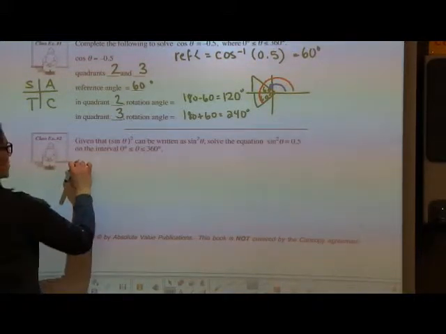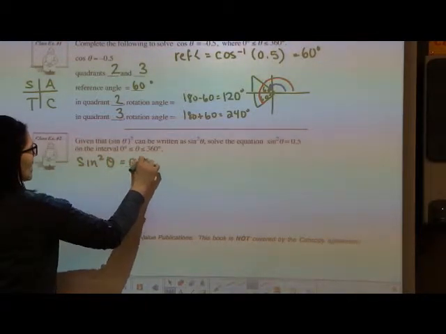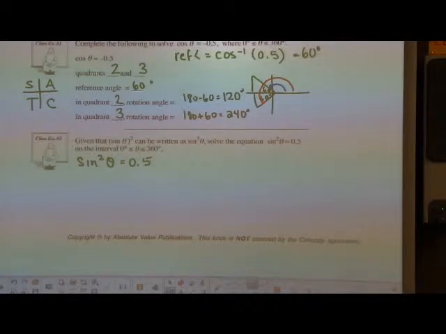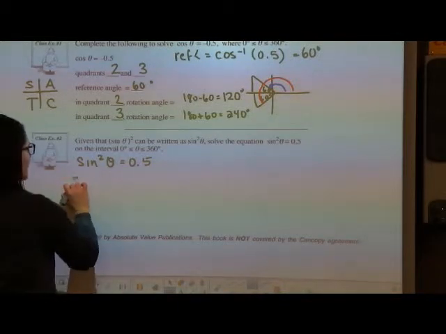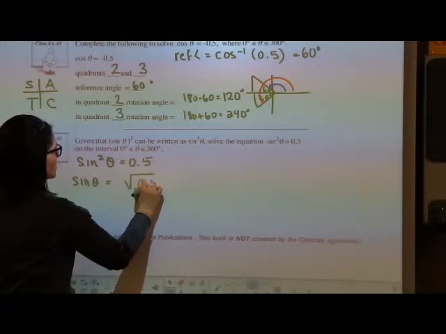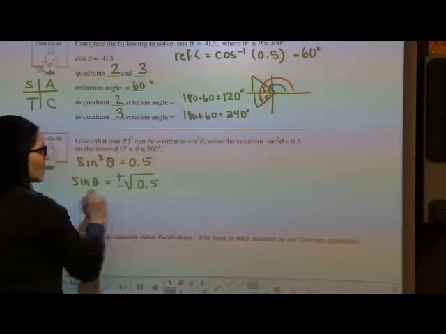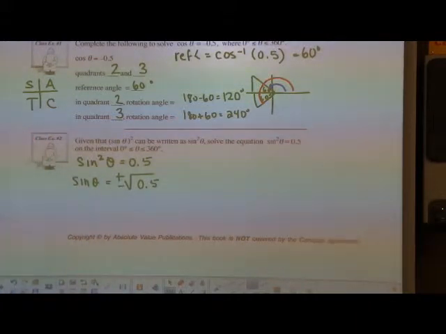So if I have sine squared theta equals 0.5, how do I go from sine squared to sine? In other words, how do I undo the process of squaring? Square root. So then sine theta equals the square root of 0.5, but I have to consider that I can have a positive or a negative.